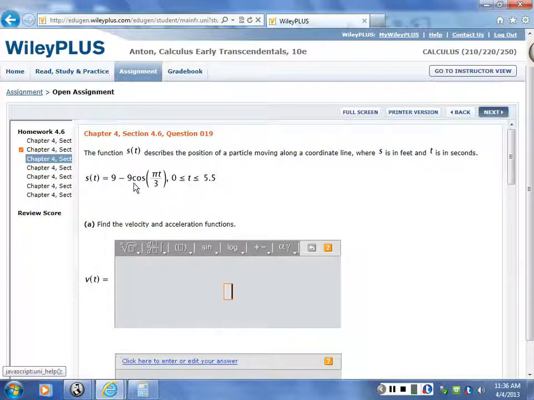What's the derivative of 9 cosine of pi t over 3? 9 sine of pi t divided by 3, times the derivative of pi t over 3, which would change this to 3 pi.